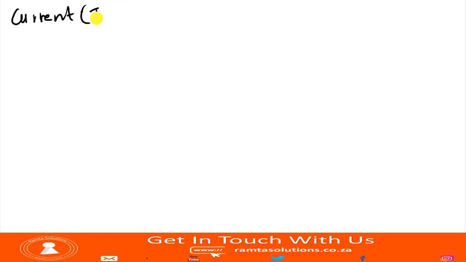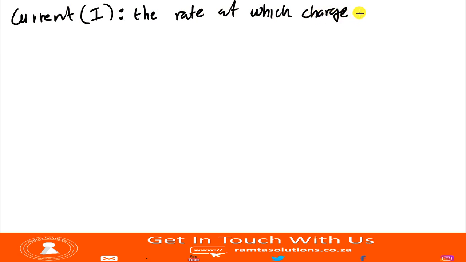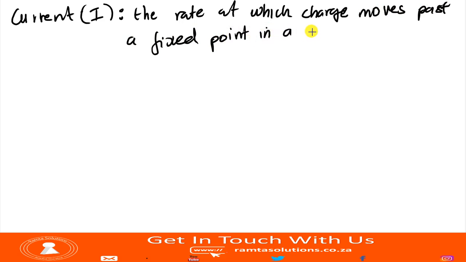Current is symbolized with the letter I. So this is the rate at which charge moves past a fixed point in a circuit.